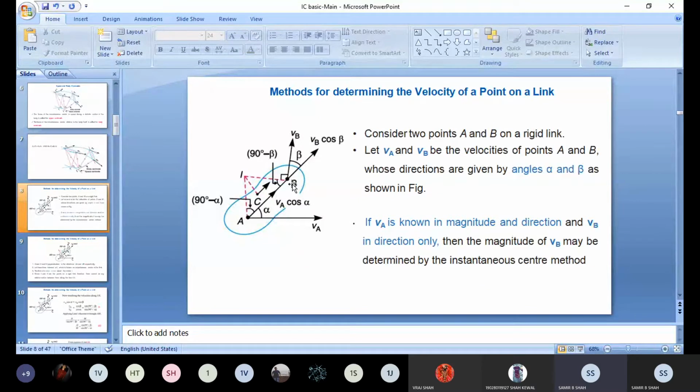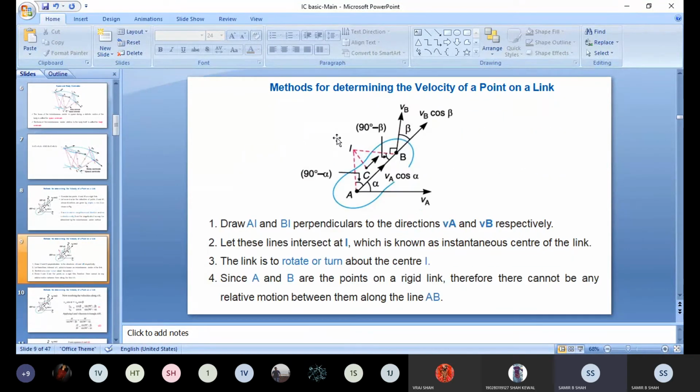Now resolve the velocities along AB. From the drawing we see that VA cos alpha is equal to VB cos beta.